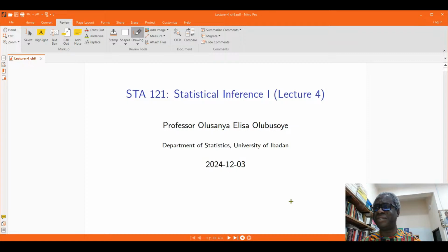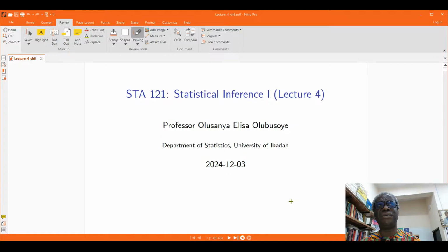So far we've been able to discuss sampling, specifically different sampling methods. We've also discussed the sampling distribution of a statistic, and we look at two particular statistics, the sample mean and the sample proportion.